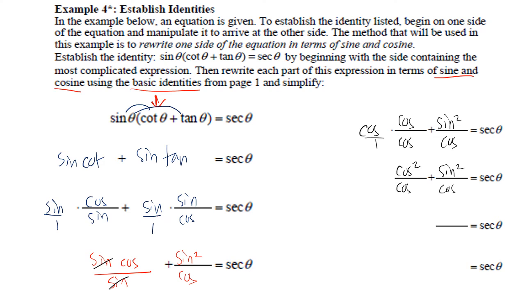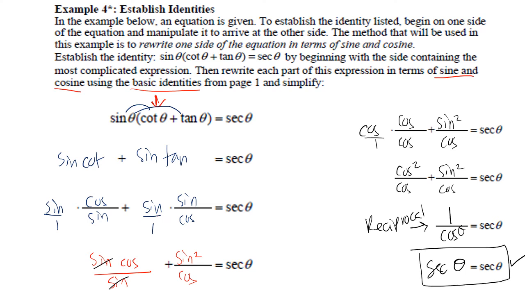So cosine squared plus sine squared equals 1. And my denominator is going to stay the same, which is cosine. And so 1 over cosine theta. Well, that is a reciprocal identity. And that gives me all the way down to secant theta. Proven. Puzzle completed.